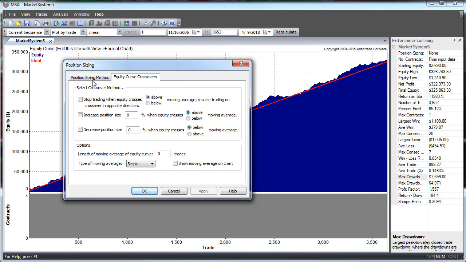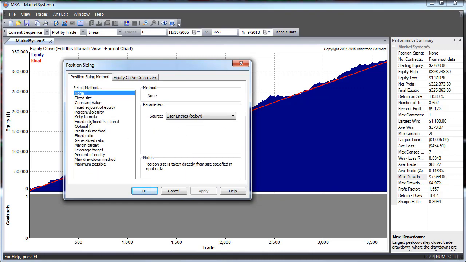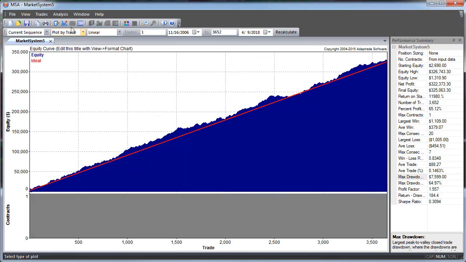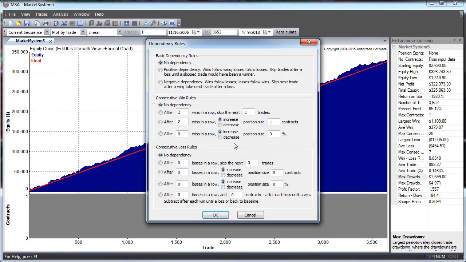And so you've got different other methods for adding contracts. This is not using any of those methods right now. It's just using the basic combined reports from TradeStation or MultiCharts, and you also have this dependency rule set up.